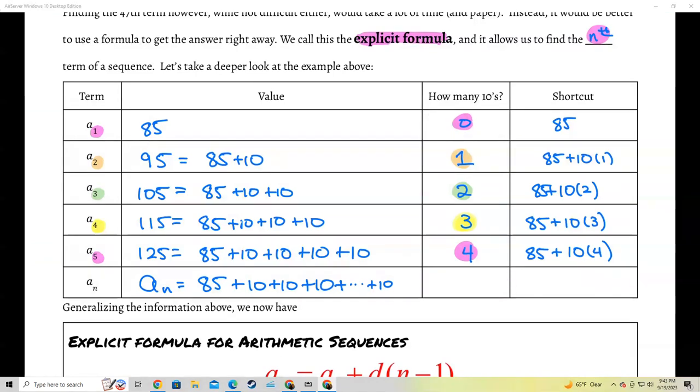Okay, well, what if I have n of these terms? Well, am I going to have n 10s? No, I'm going to have 1 less than that. So how do I make 1 less than n? You just go n minus 1. And that's going to make sure that you have 1 less than that n.